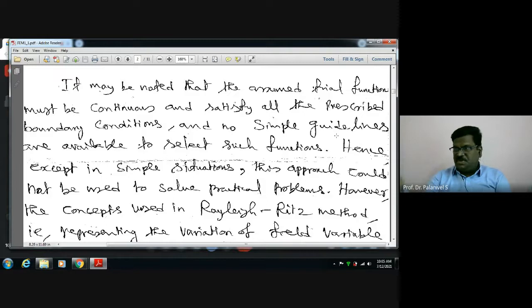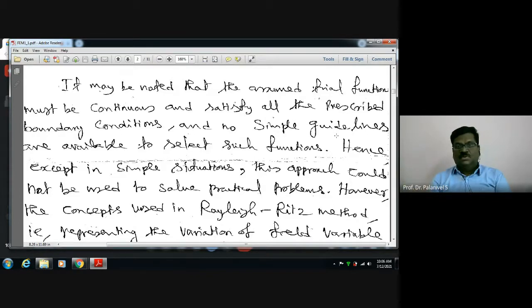Given a simply supported beam subject to UDL, as in the problem we discussed, for the entire simply supported beam the chosen trial function must be continuous and satisfy all the prescribed boundary conditions.